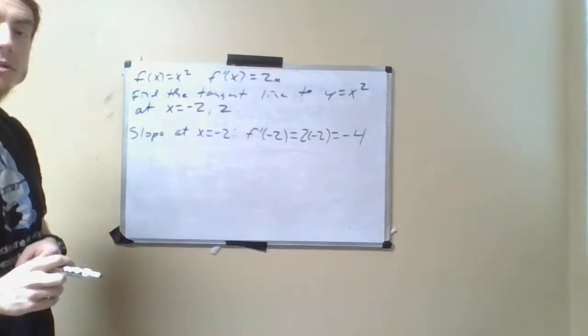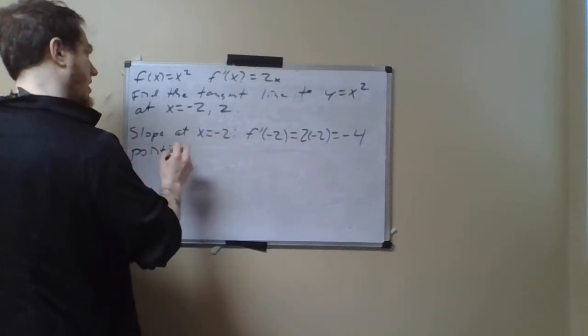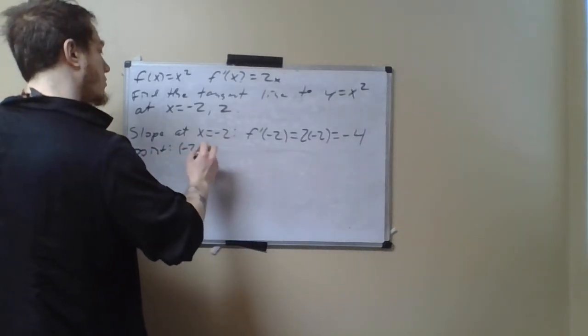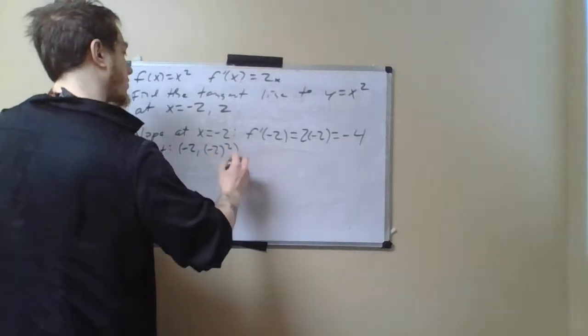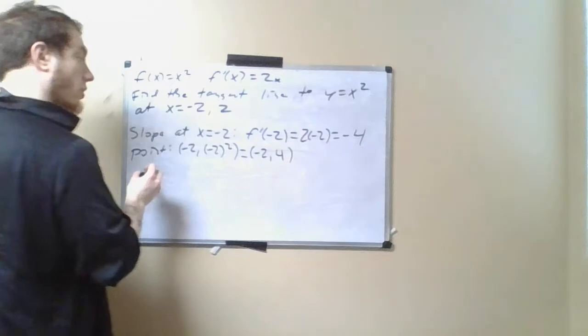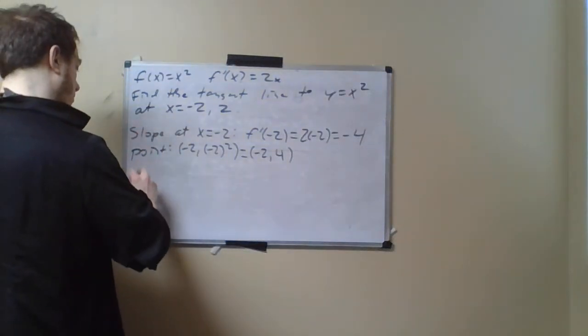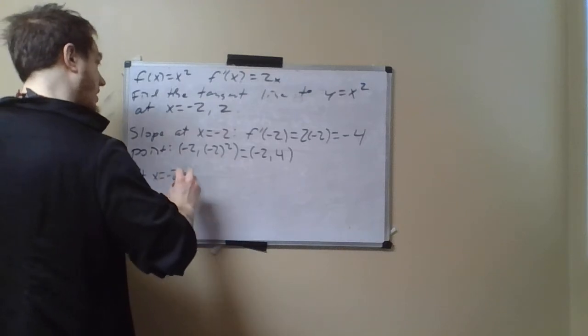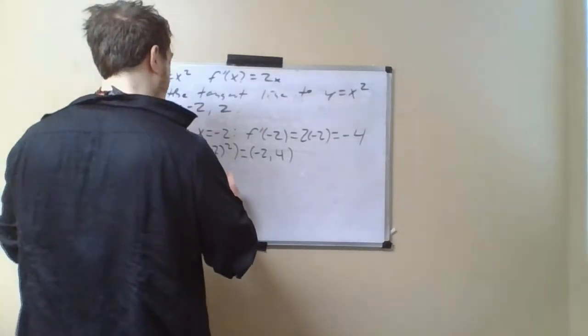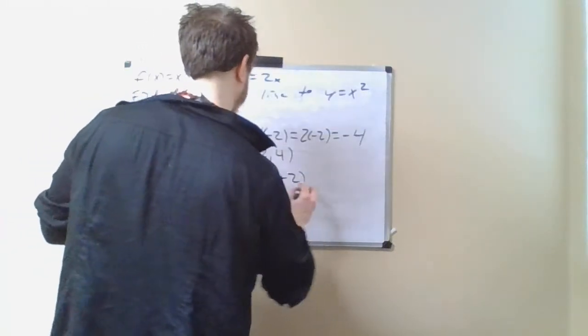So the slope here is going to be negative 4. And the point is going to be negative 2 comma negative 2 squared, which is equal to negative 2 comma 4. So my tangent line at x equals negative 2 is going to be y minus 4 is equal to negative 4 times x plus 2.